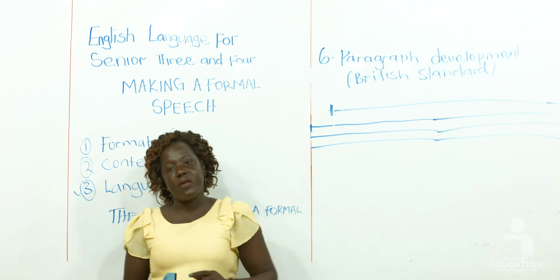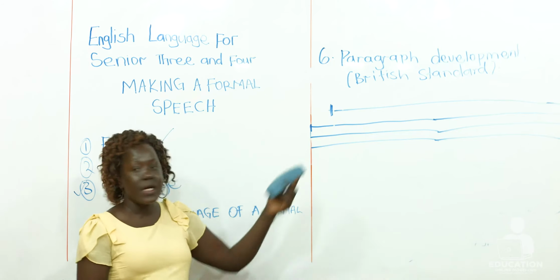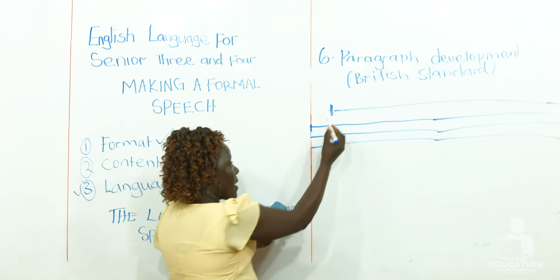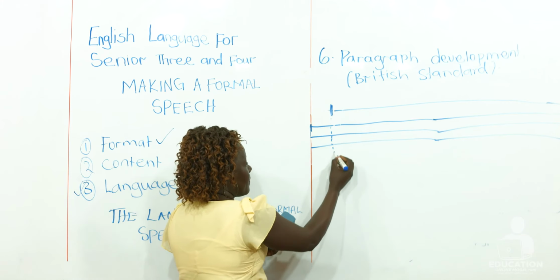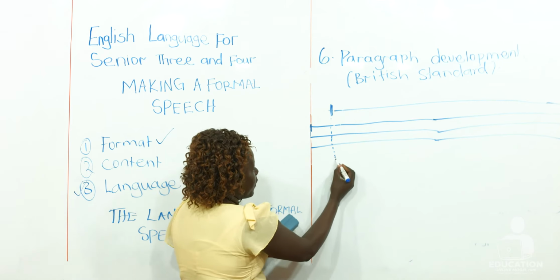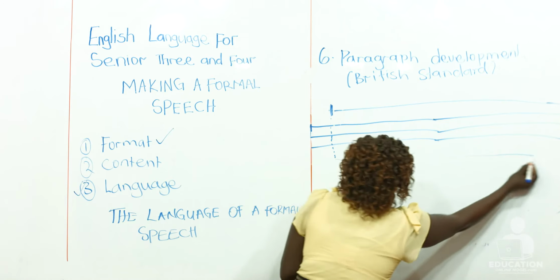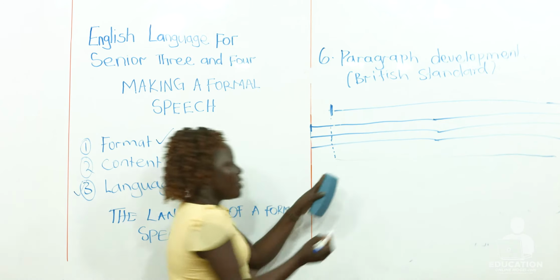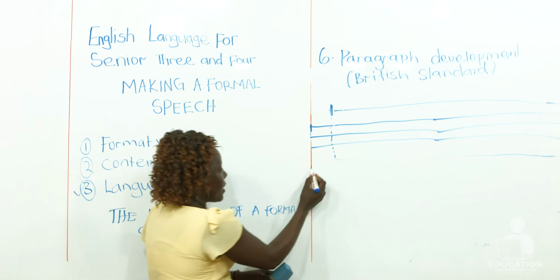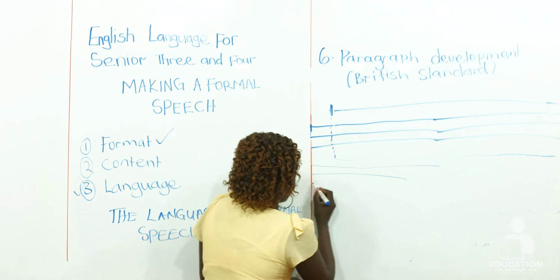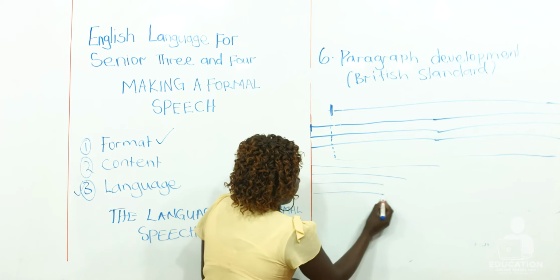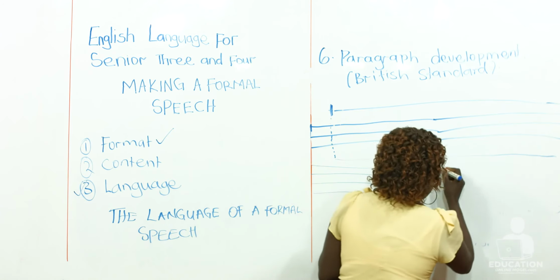Now let us assume you don't have just one paragraph. In the second paragraph, this is what you will do. You will come down here, indent the first line, and start the second paragraph from there till the end. Then your second line will come back to the margin. Let's assume this time you have about 5 lines, which will go up to the margin.